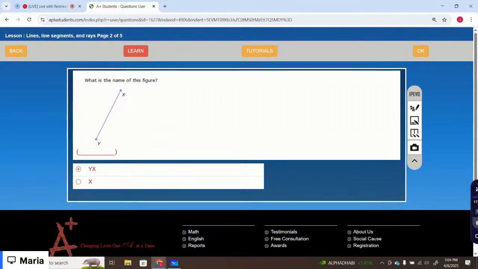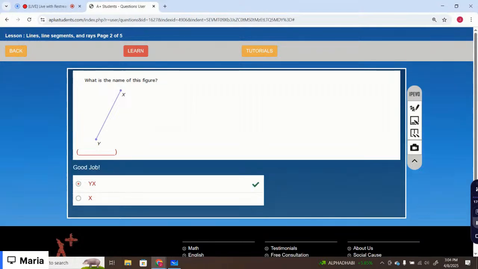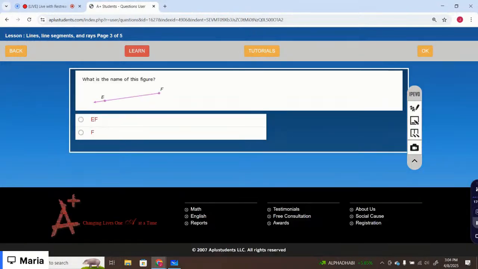That is YX, option number one is the correct option. What is the name of the figure? That is EF, option number one is the correct option. EF it is.